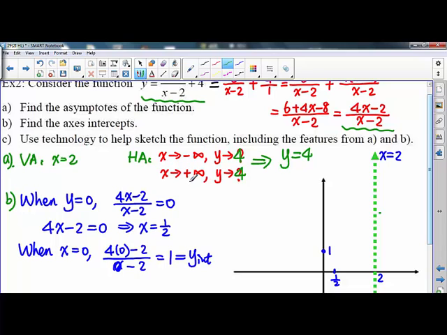When x is approaching positive infinity, y is getting closer to 4 but never equals 4. So this time we will know, okay, y equals 4 is the horizontal asymptote. So this is 4. And you will see the graph also passes through these 2 points.